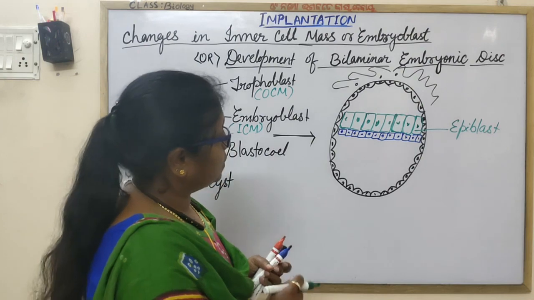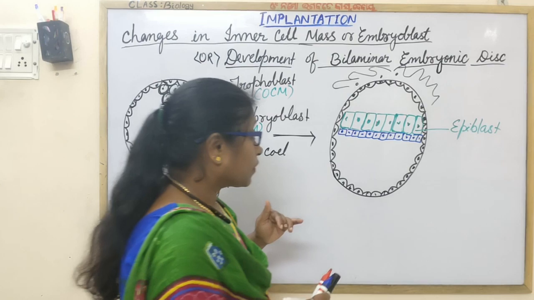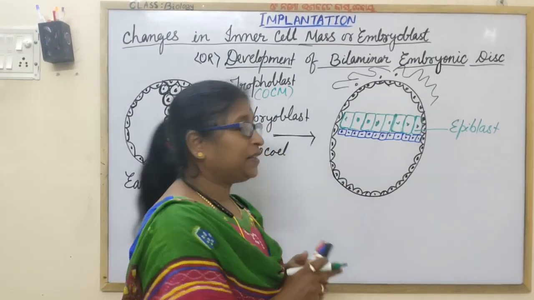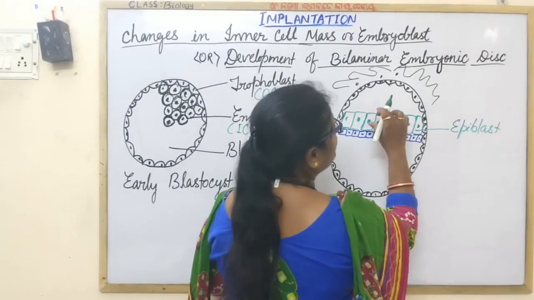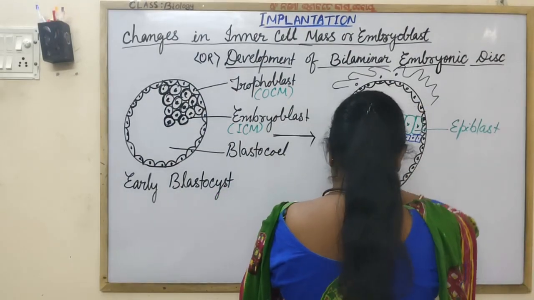The epiblast makes the floor of a cavity which is found in between the epiblast and trophoblast. This is the amniotic cavity.